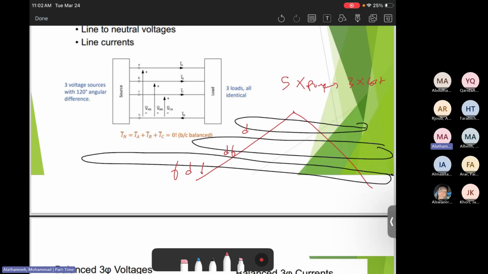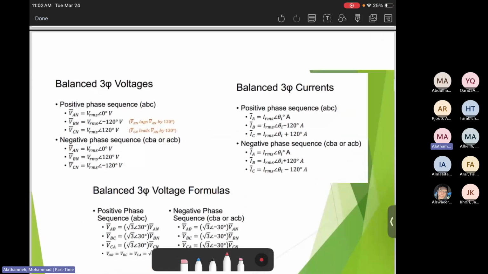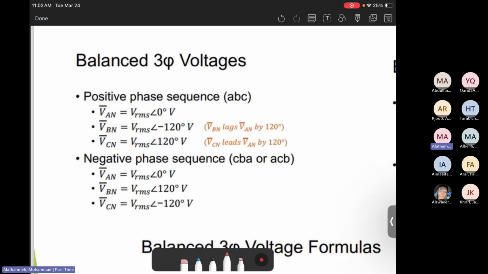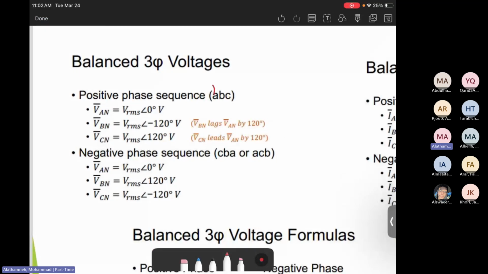But keep in mind, the 3 phase system is cheaper in terms of the overhead cost. Now, as we know, in the 3 phase voltages and currents there are two sequences: a positive sequence and a negative sequence. The positive sequence we call ABC: A with angle 0, B with angle negative 120 degrees, C with positive 120 degrees.